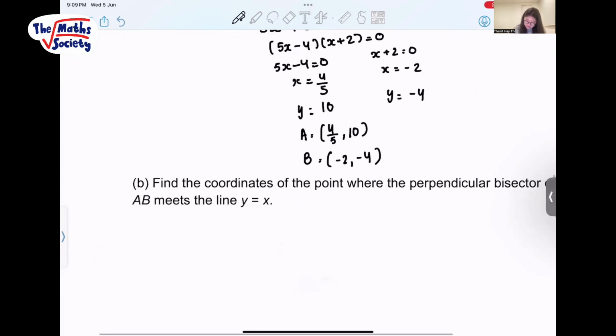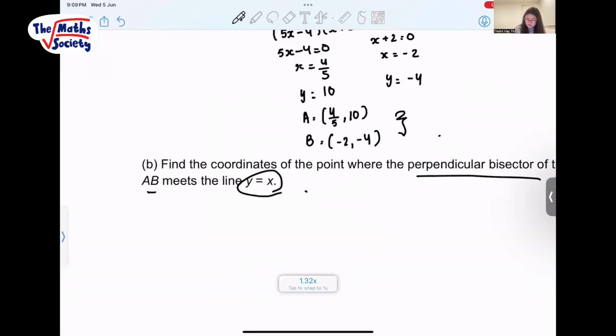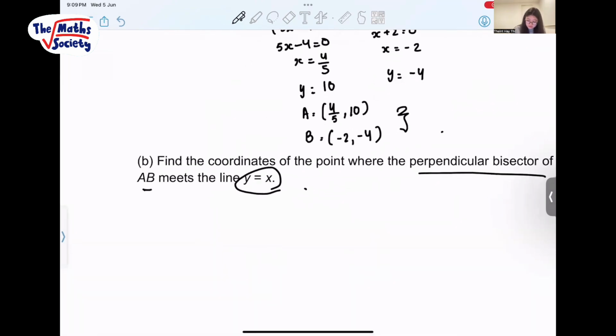And for part B, it says to find the coordinates of the point where the perpendicular bisector of line AB meets the line y equal to x. So because we already know the 2 points, we can find the gradient and the equation of the line. So finding gradient as usual, y2 minus y1 divided by x2 minus x1.